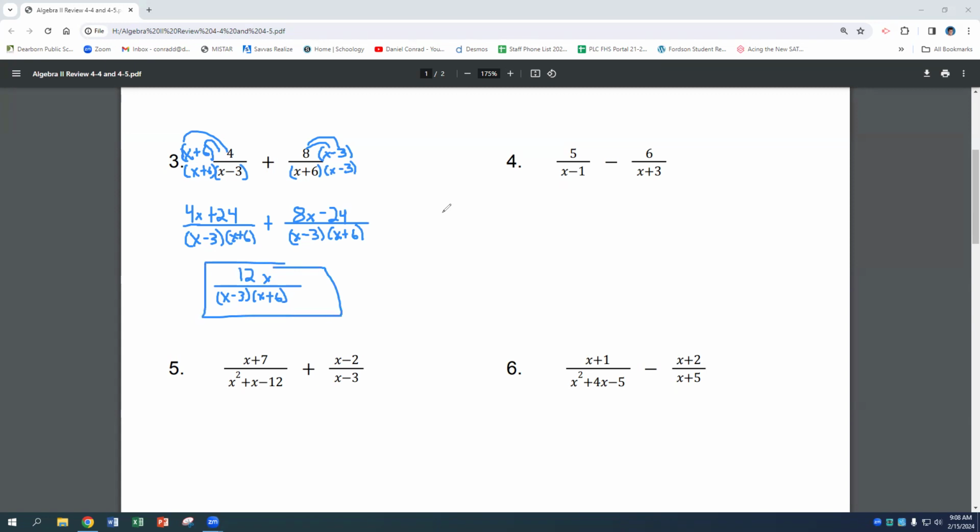And that's it. Okay, over here I see an x minus 1 and an x plus 3 on the bottom, so my common denominator is going to be x minus 1 times x plus 3.